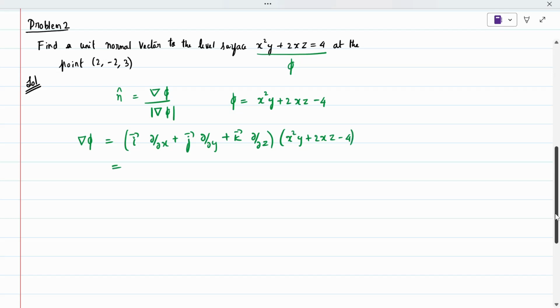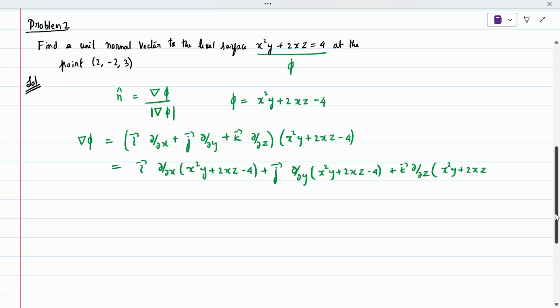Now i vector dou by dou x into x squared y plus 2xz minus 4, plus j vector dou by dou y of x squared y plus 2xz minus 4, plus k vector dou by dou z of x squared y plus 2xz minus 4.